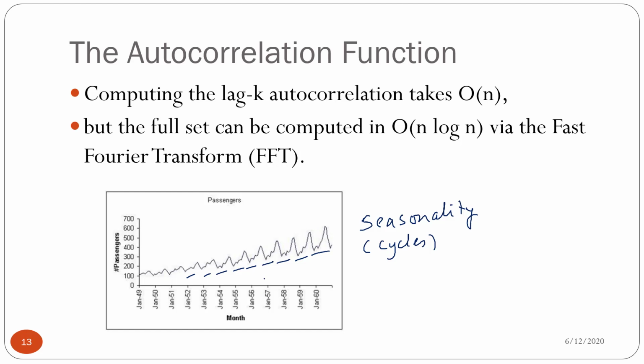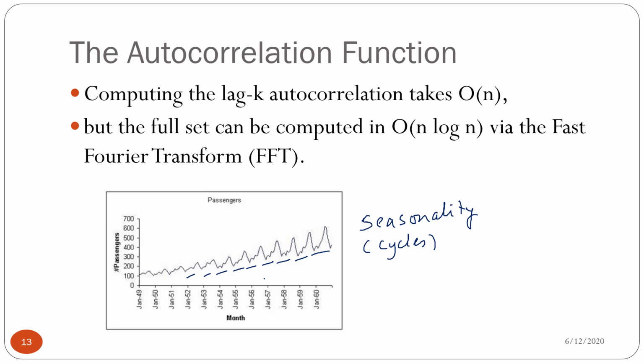If you reason it out, you'll be able to answer why you see the seasonality or the cycles in the passengers over a period of time. Well, because over the whole year we have some vacation periods where people fly a lot. That kind of thing is reflected in this plot.